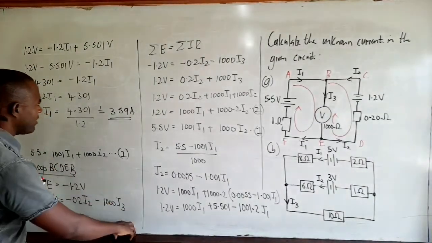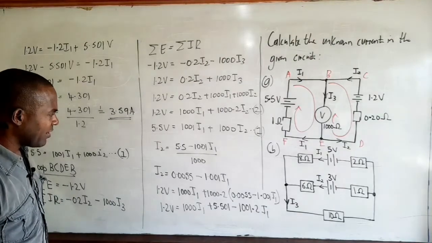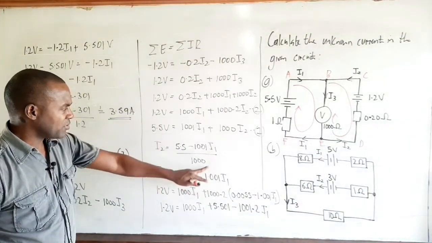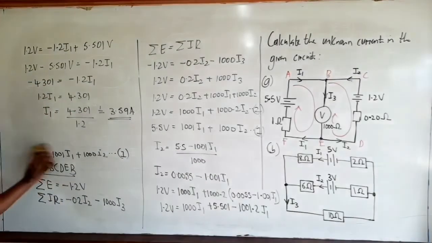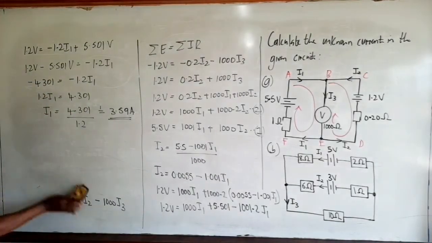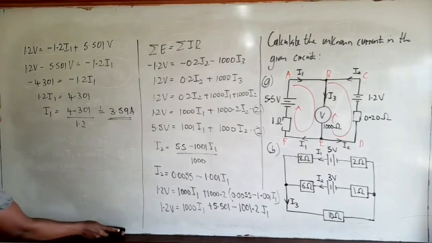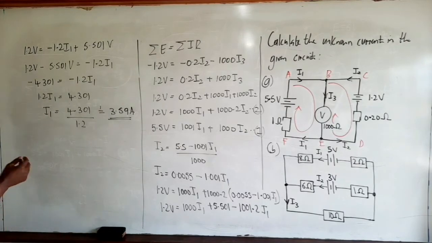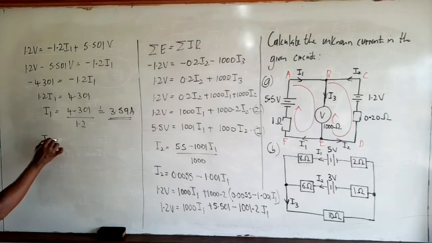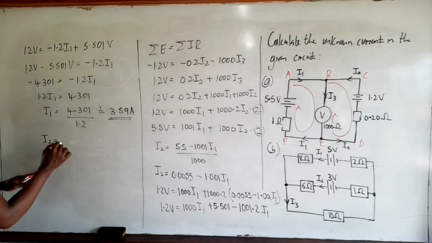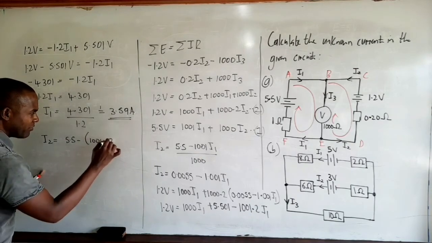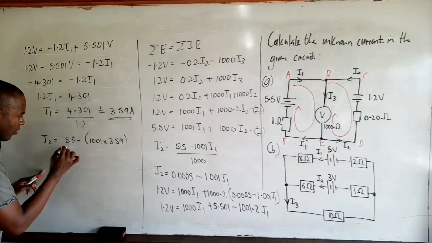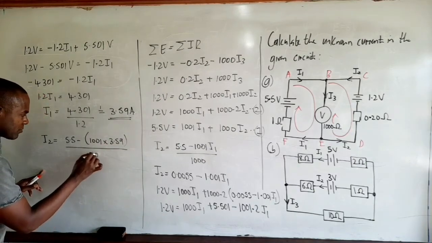So now that we found the value of I1, let's now go ahead and find the value of I2 by substituting it into this equation for which we had made I2 the subject. And so we have I2 equals 5.5 minus 1001 I1, which is 3.59, all over 1000.